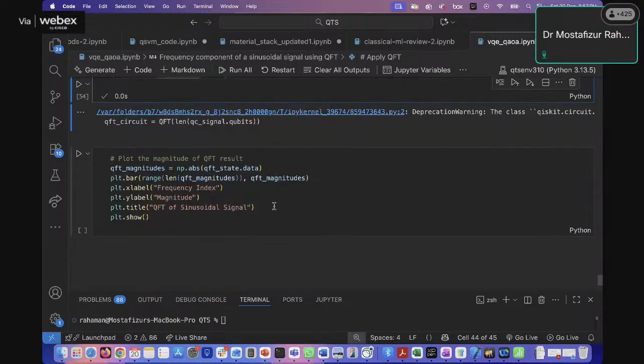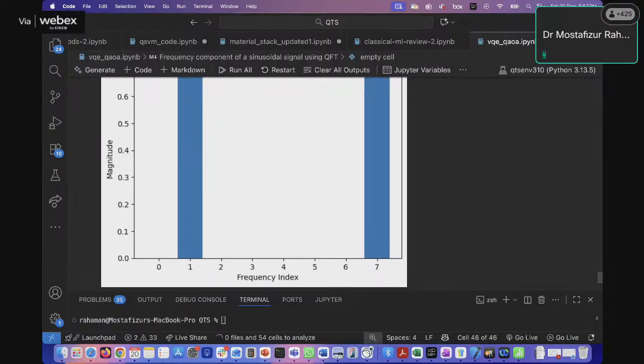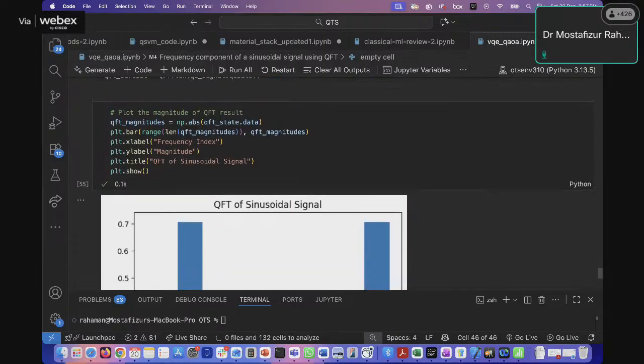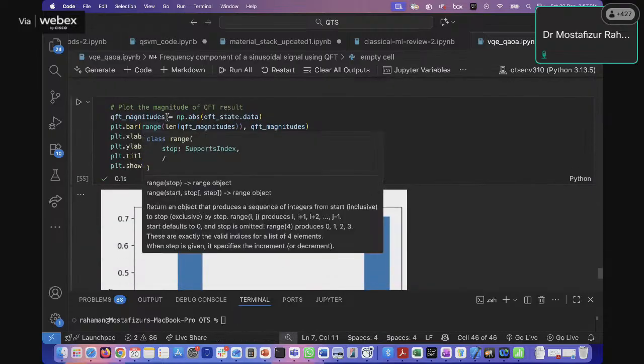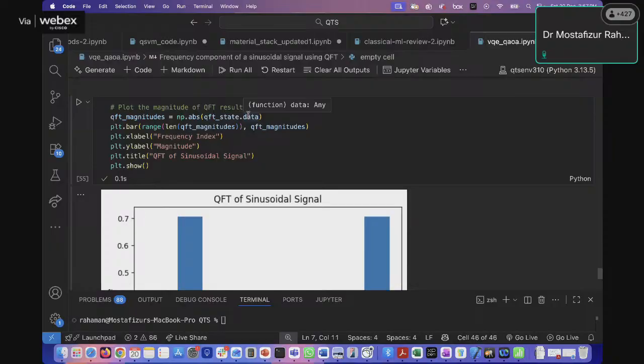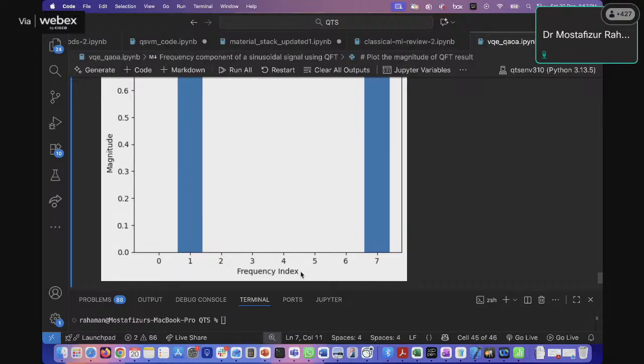After running on the simulator, you can check how the frequency components are coming, with the frequency indexing I have done. So the QFT magnitude is the absolute value of the QFT state data in state of binary string, and I have done a bar plot. This is what you can think of as a frequency index.